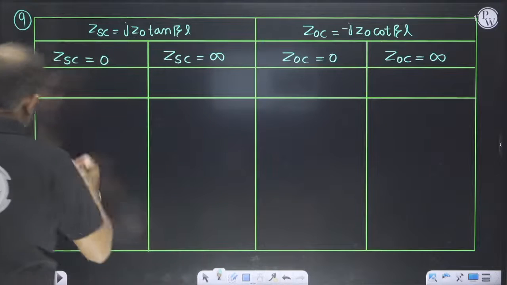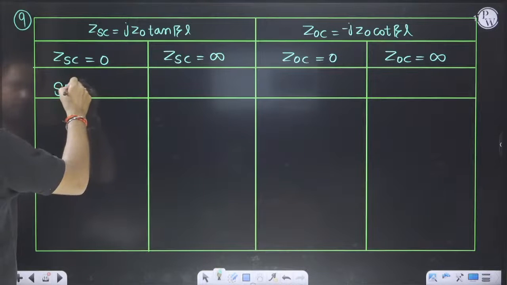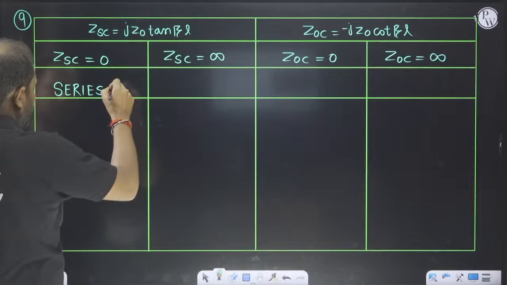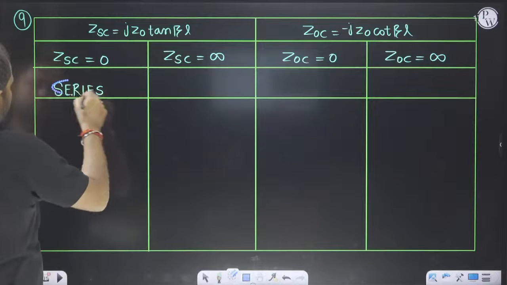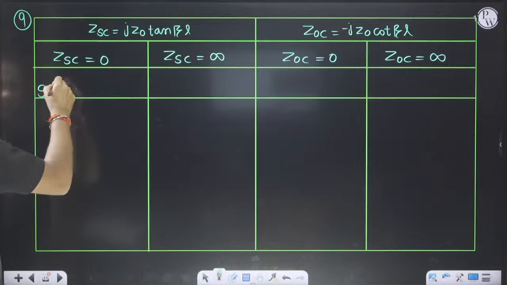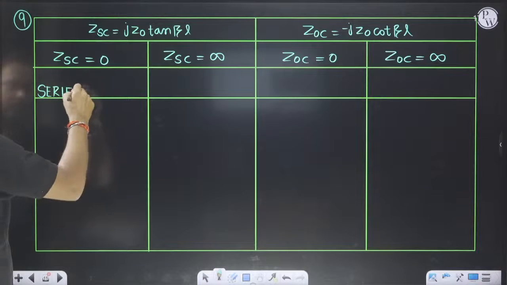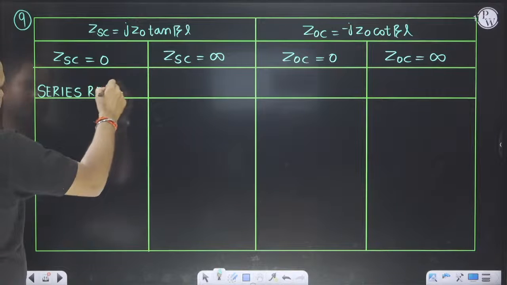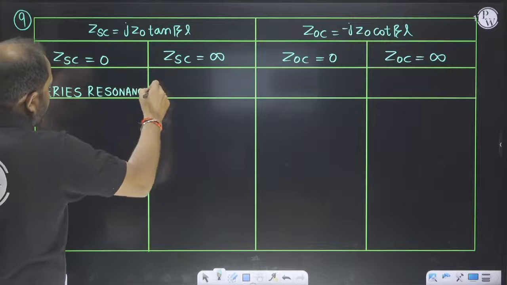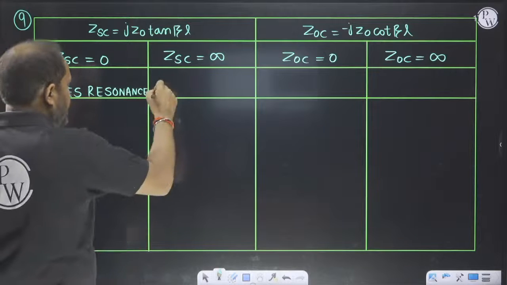If it is 0, it is known as series resonance. This one is known as series resonance, and the second one is known as parallel resonance.